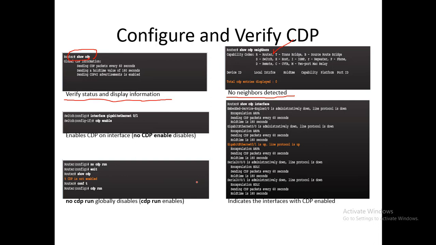The next thing you see over here is no CDP run, meaning CDP is globally disabled, and when you run the command cdp run, it will enable the CDP, that is this protocol will be enabled. This command is mentioned over here. By default, the no cdp run command is disabling CDP.